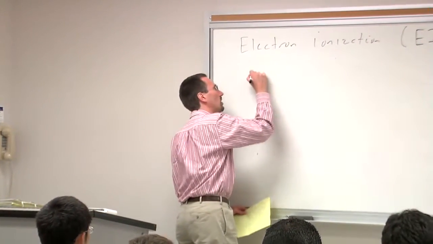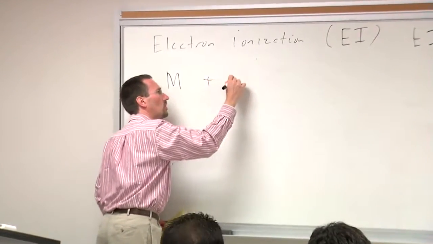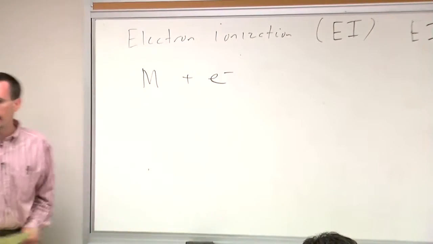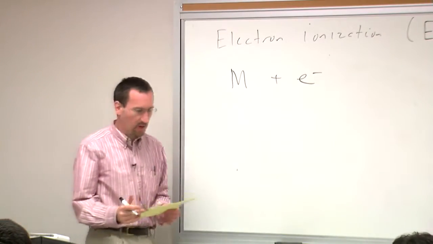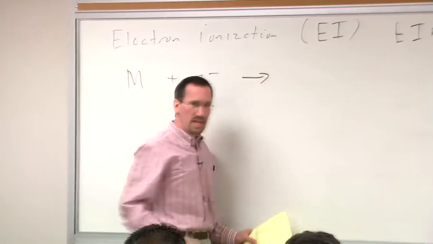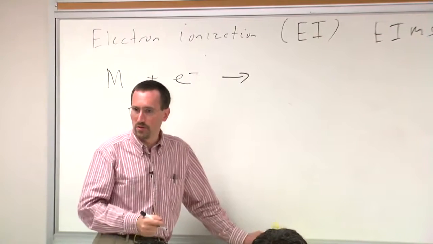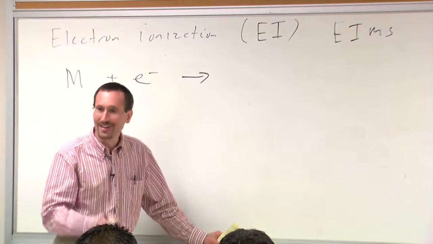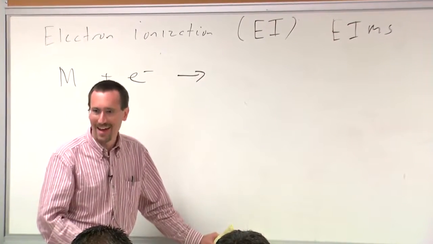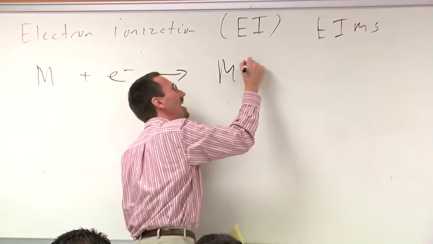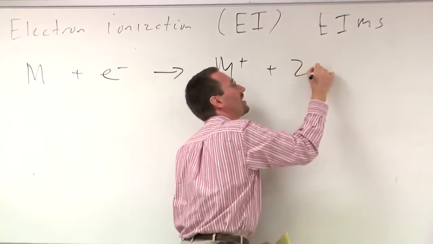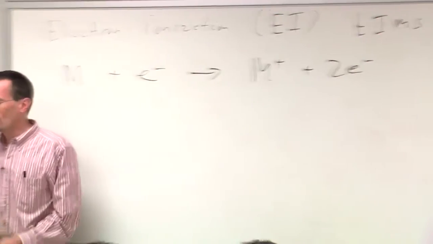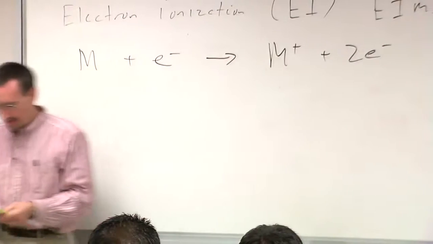So far, so good. You have a molecule. You fire an electron at it. You accelerate electrons and give it a good hard whack. What's counterintuitive is that when you give a molecule a good hard whack with an electron, you knock an electron out of it. So you get a cation. Electrons weigh virtually nothing compared to molecules, so for all intents and purposes, the mass is the mass of the molecule.